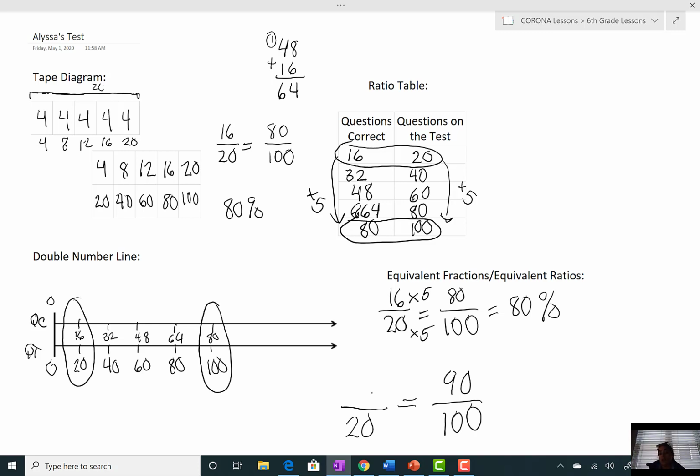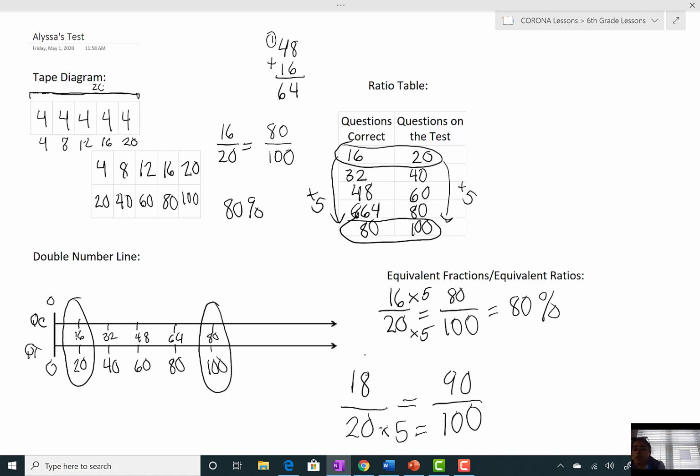Again, this is another way to do equivalent fractions or equivalent ratios because we know fractions are a way to record ratios. We could do again, 20 times 5 gives me 100, okay? So what times 5 gives me 90? Or I could do it the opposite way. 90 divided by 5 gives me what? 18.